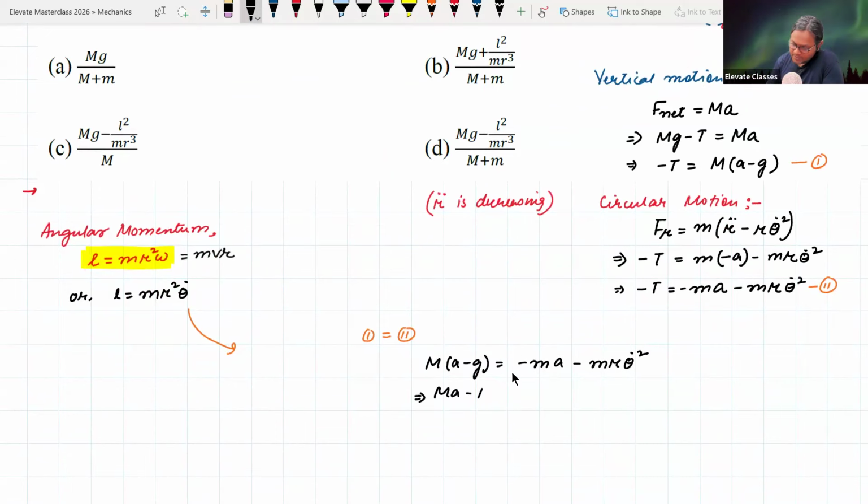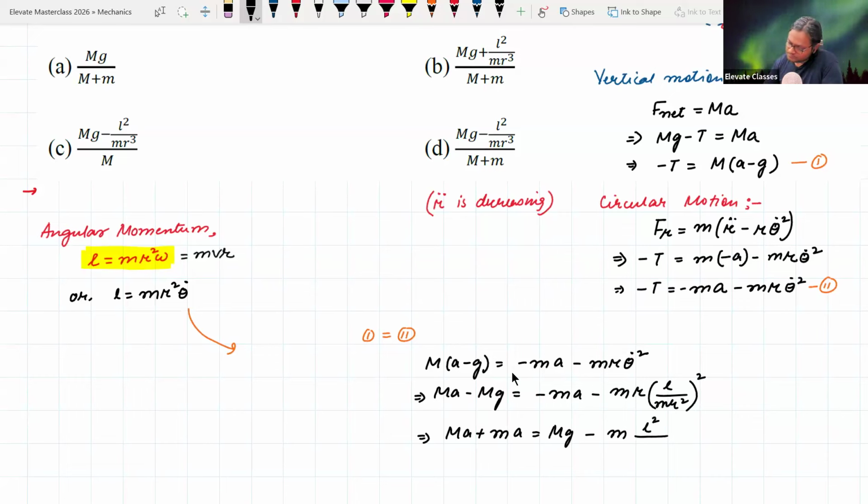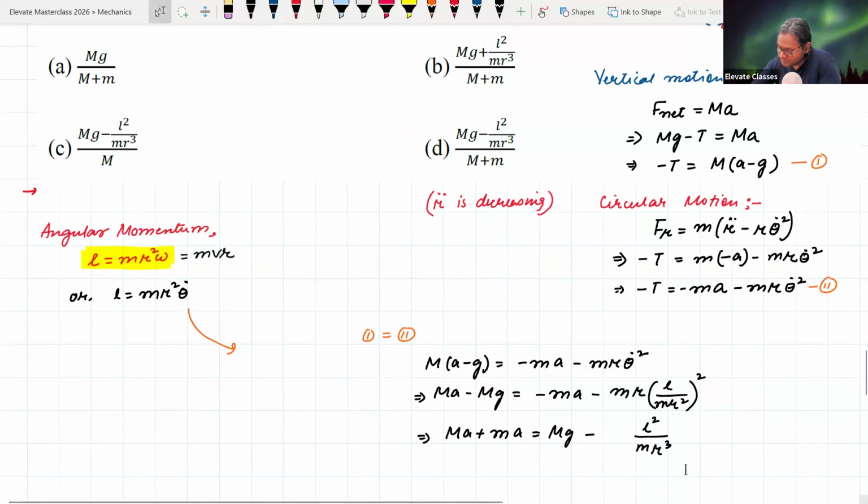Capital MA minus capital G is equal to minus small ma minus m r theta dot is equal to L upon mr square. So therefore capital Ma plus small ma is equal to capital Mg minus small m L square upon m r cube. mr cube होगा ना, हाँ mr cube हो जाएगा.